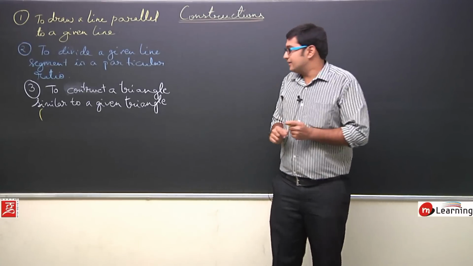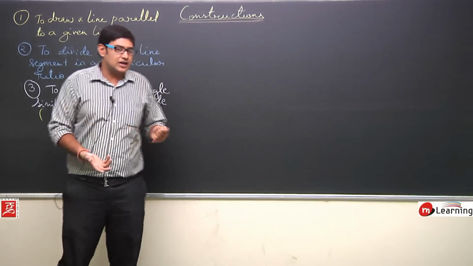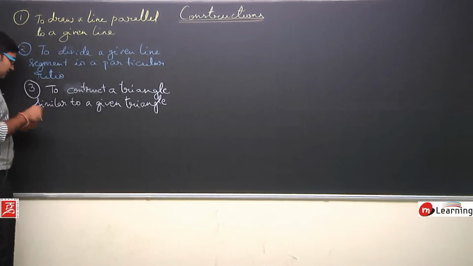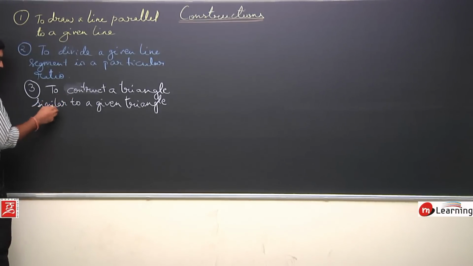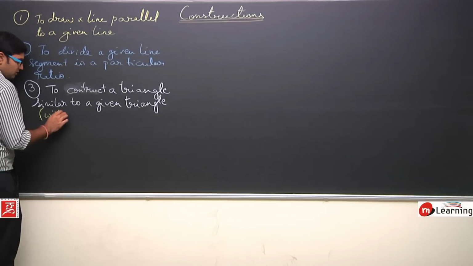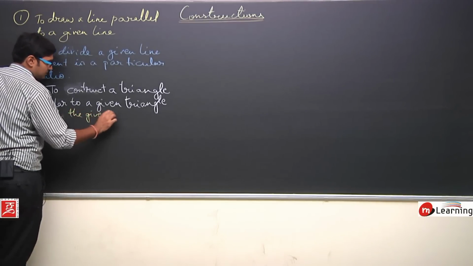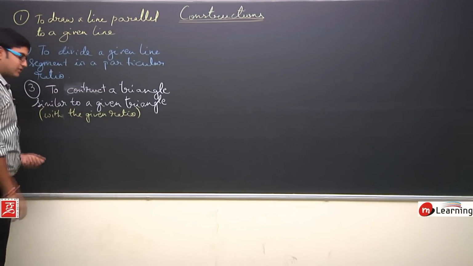That's why I will say that if I am given a triangle to construct a similar triangle, then the ratio of the corresponding sides should also be given. So in the bracket I can write with the given ratio. The ratio should be given.